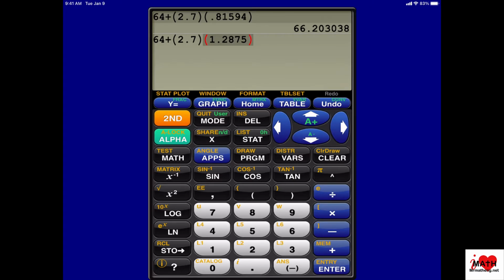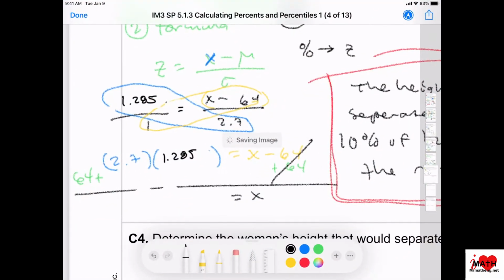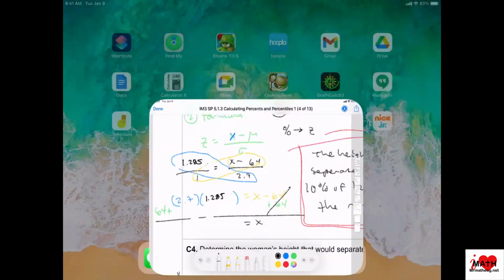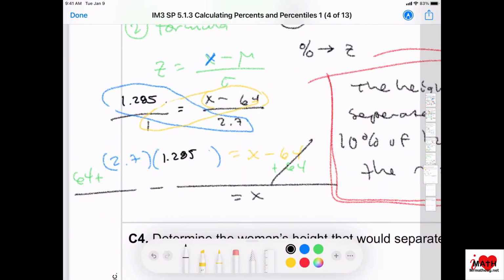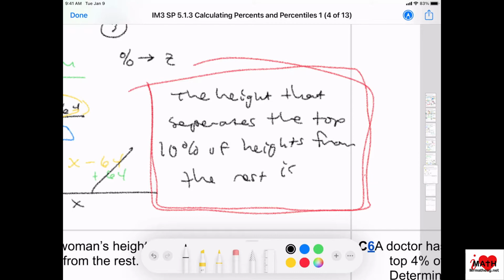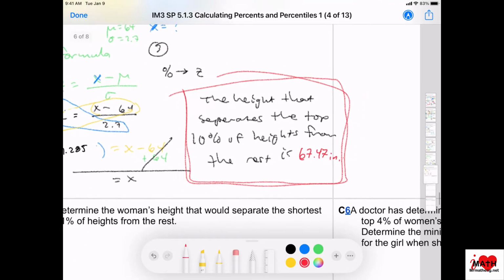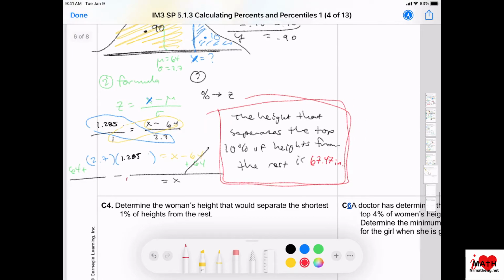I forgot the number again. 1.285, that was correct. Okay, and you will get a number here, 67.47. The height that separates the top 10% of heights from the rest is 67.47.